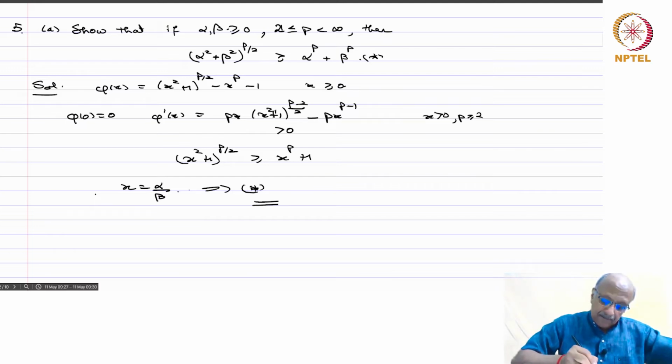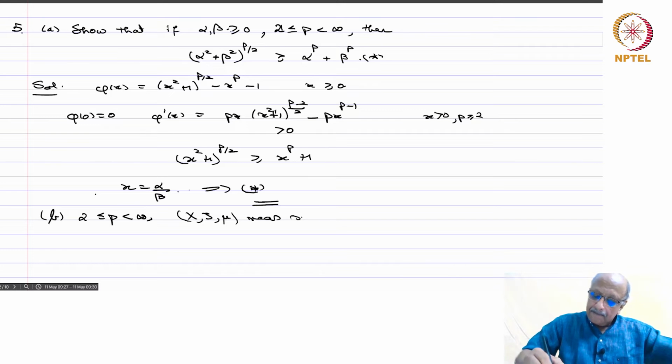Part B. 2 less than or equal to p less than infinity, and X, mu a measure space, f, g in L^p(mu).